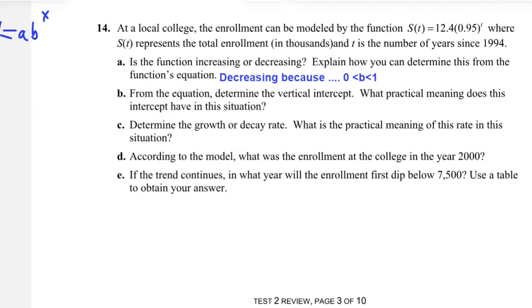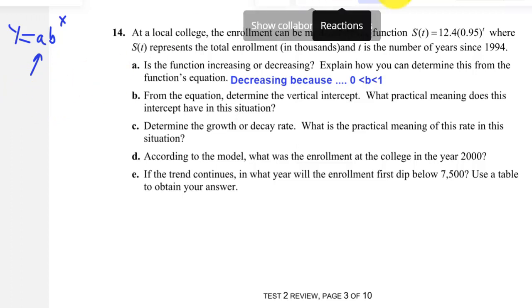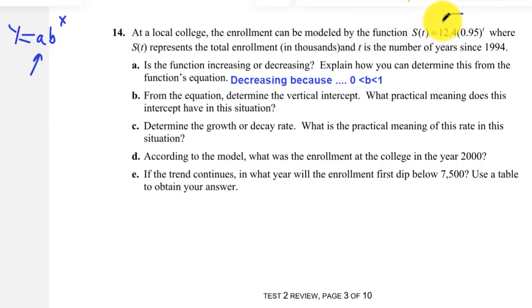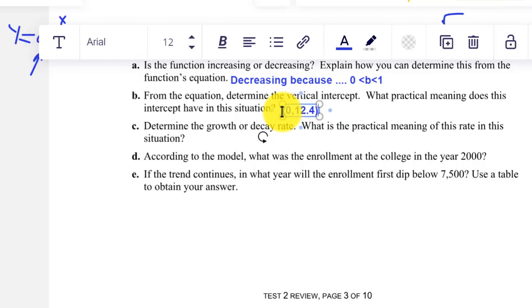Okay? Find the vertical intercept. So you know when we have y equals ab to the x, the a is your vertical intercept. So in this case, the a is the 12.4. So a lot of times people like you to write that as an ordered pair. So I might write something like (0, 12.4).